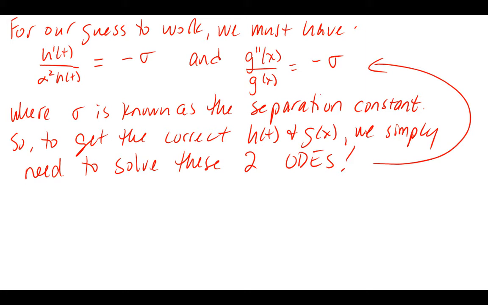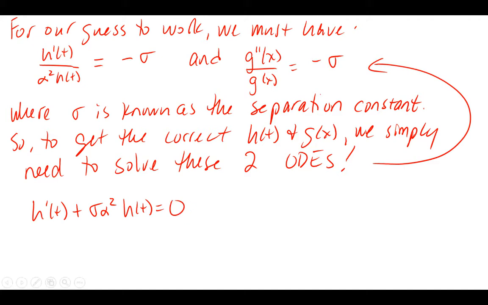Okay, so I'll write them down in a nicer format. To solve these two ODEs, those two up there, I don't particularly like them as fractions, so how about I just rewrite them in the usual format that we see our ODEs. So the first one, of course, if I rewrite it and swing this to the other side, might be H prime. When I move this to up here, I could certainly do that, and then when I move it over to the left side, it becomes plus sigma alpha squared H equals 0.